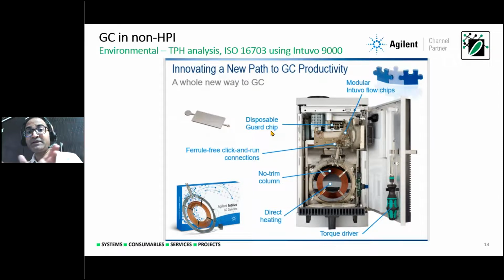We can control the junk part of the sample, and if we can control its entry onto the column, the column will remain clean for a much longer time. How do we do that?